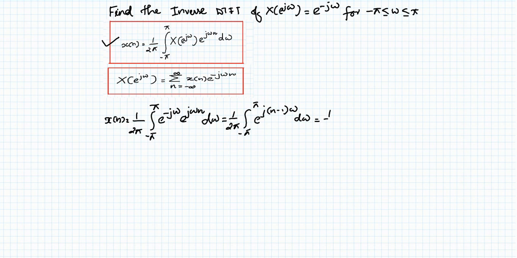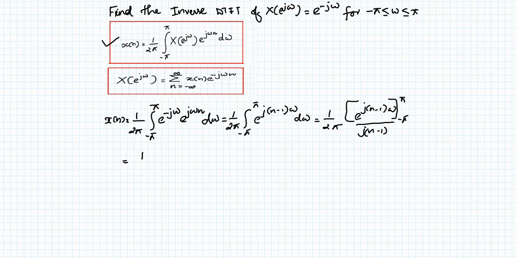So again 1 by 2 pi, here the variable is omega, so this j n minus 1 will be the constant. So e raised to j n minus 1 into omega divided by j n minus 1. The limit is from minus pi to pi.